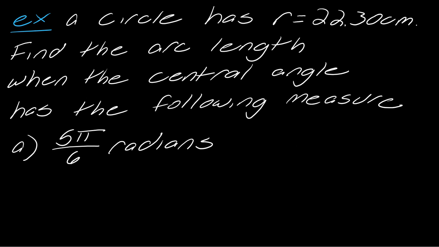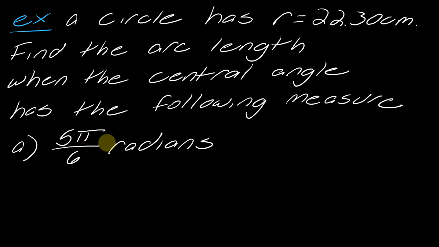Okay, so let's look at a few examples. I'll walk through this with you. A circle has a radius of 22.3 centimeters, and we want to find the arc length when the central angle has the following measure. I'm going to give you the central angle, and then I'll show you how to use the formula. I've got 5 pi over 6 radians.